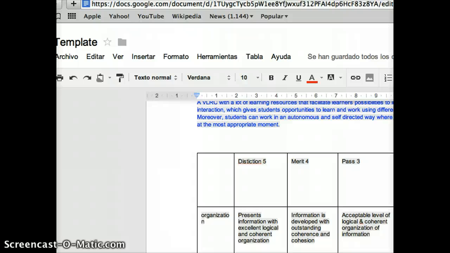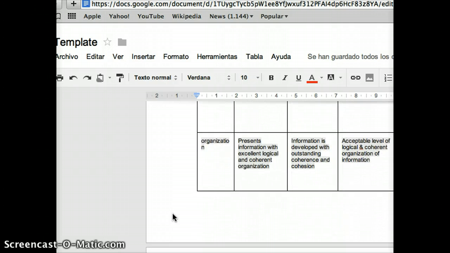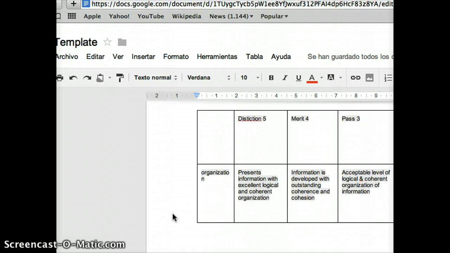For example, Distinction, 5, that means excellent in terms of organization: students present information with excellent logical and coherent organization. Merit, 4: information is developed with outstanding coherence and cohesion.